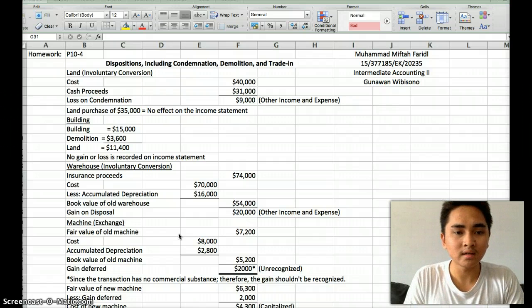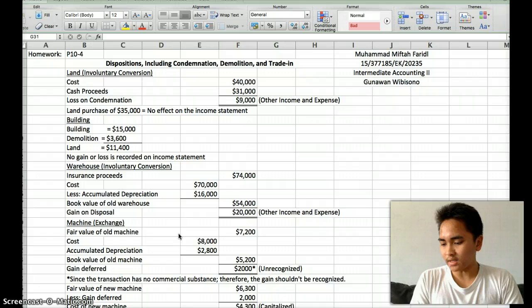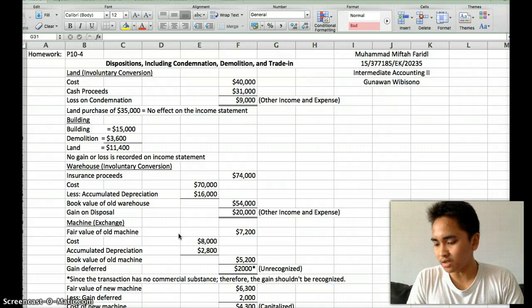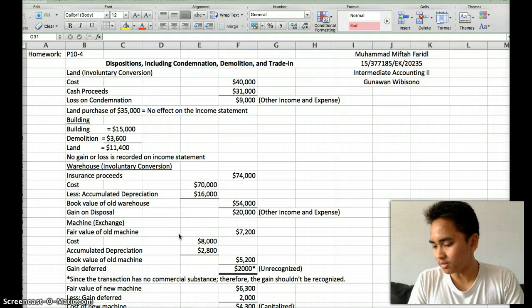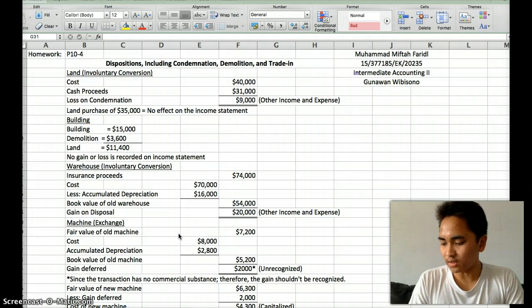And for land, it states the transaction on February 15, a condemnation was received as a consideration for unimproved land held primarily as an investment, and on March 31st, land to be held as an investment was purchased at a cost of 35,000.